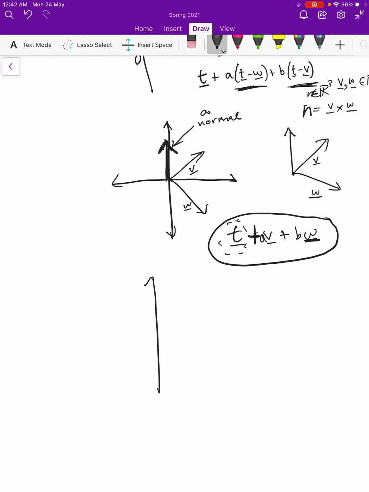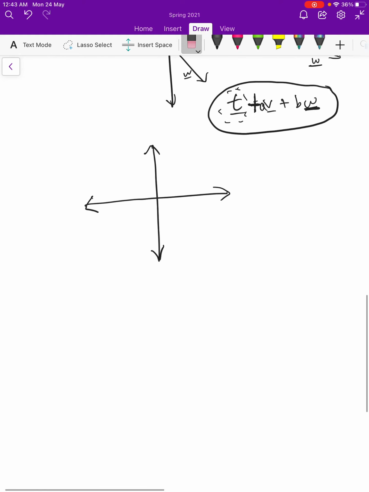Actually, it would be normal to any vector that is also tangential to the plane, like v and w, and not necessarily any vector on the plane, because our plane is defined by terminal points that stem from the origin, so those are going to be vectors in different directions.